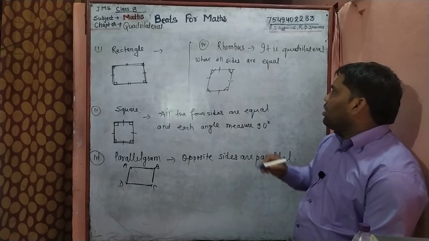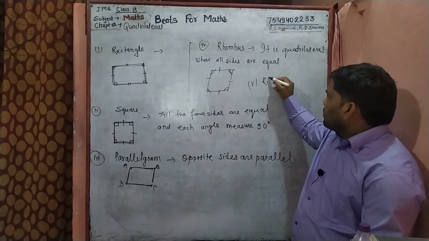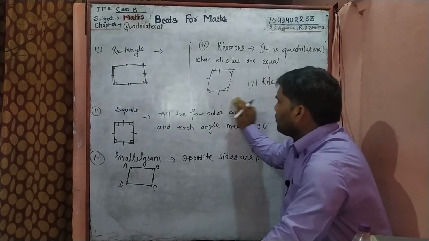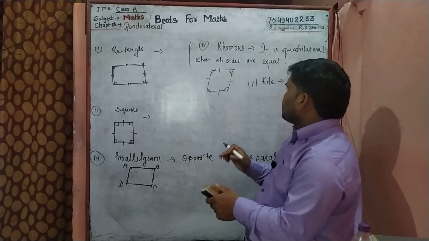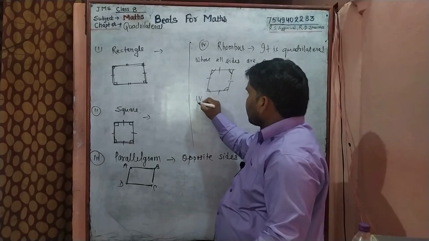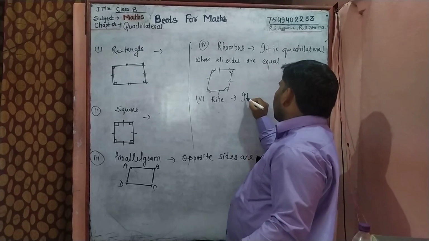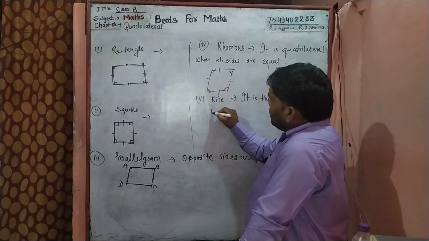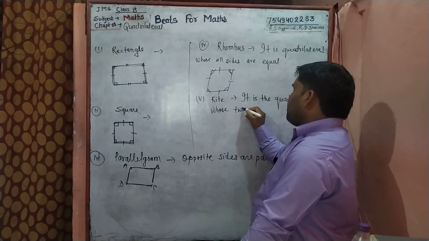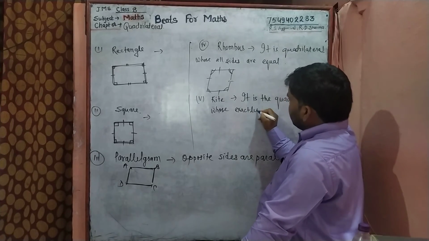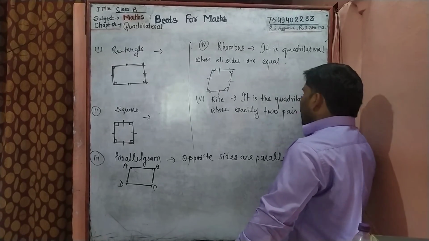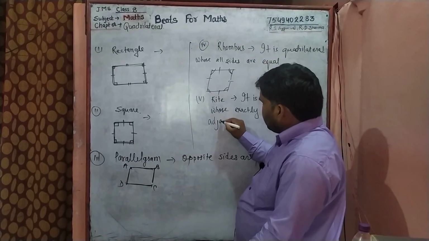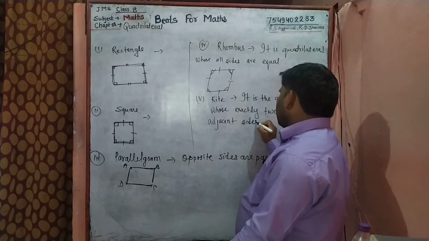Rhombus, rectangle, square, parallelogram, and we have the kite. A kite is a quadrilateral whose exactly two pairs of adjacent sides are equal.